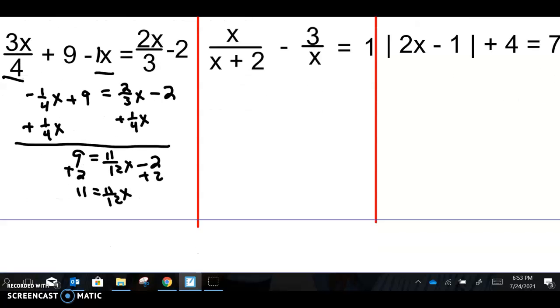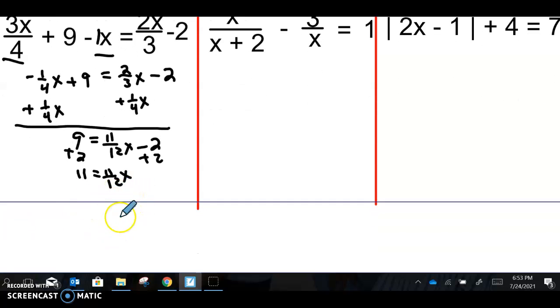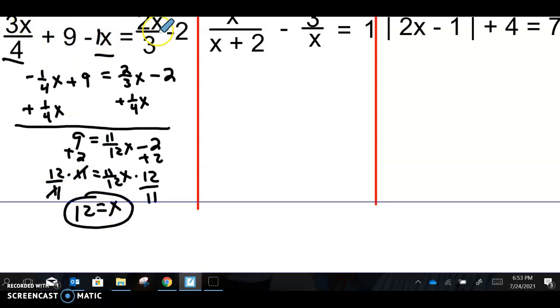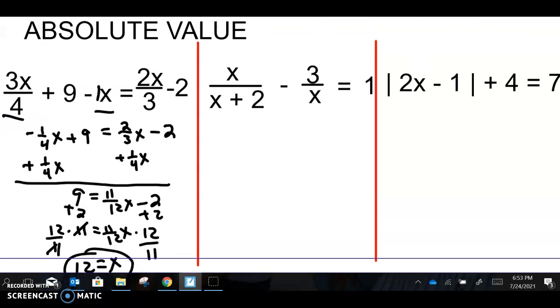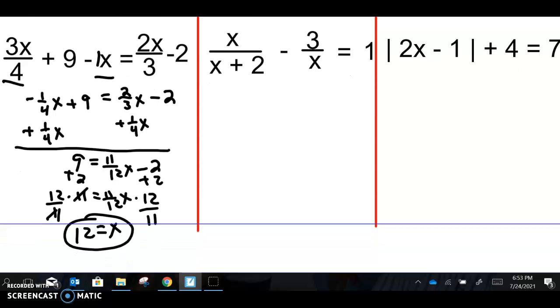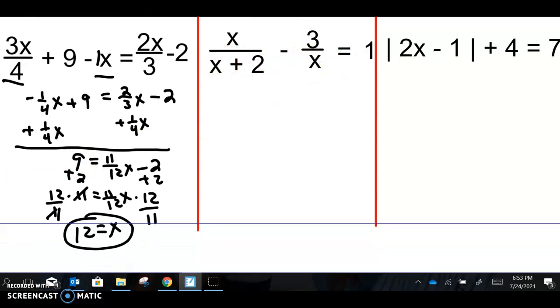To get x all by itself, I either divide by 11/12 or multiply by 12/11. That'll get the x all alone, and we get x equals 12. If this was an actual quiz, I would definitely check and make sure that's correct before handing it in.